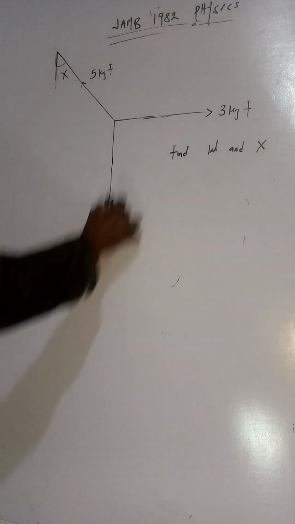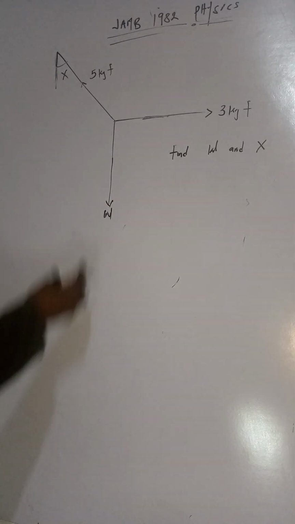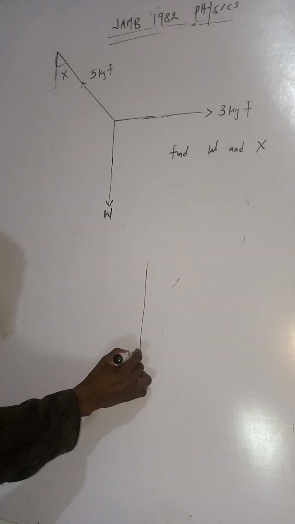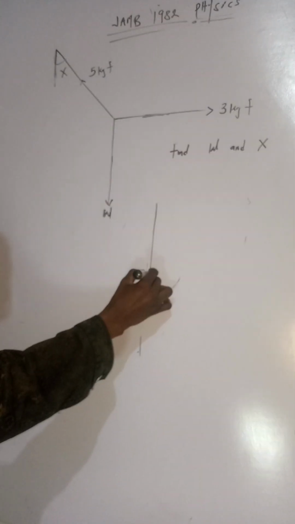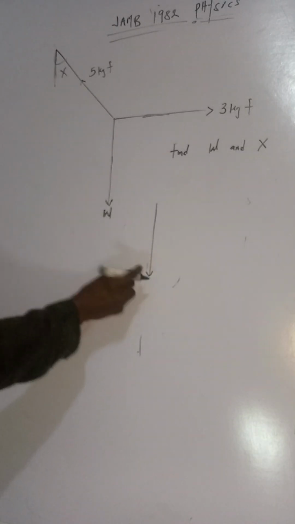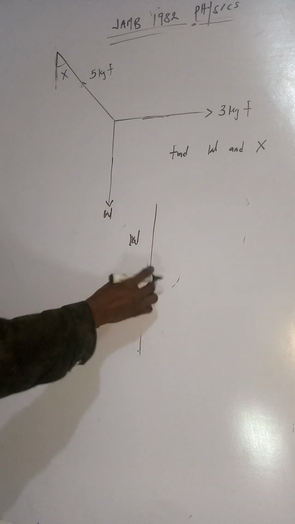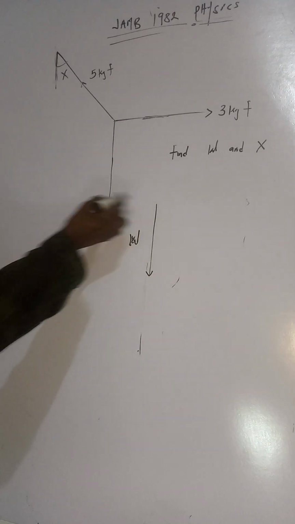So we'll draw out this one, which was the weight, right? The weight always acts downward. Let's draw out all what we have here. Let me write W here. The whole length was W. Now, this is the head of W and this is the tail.